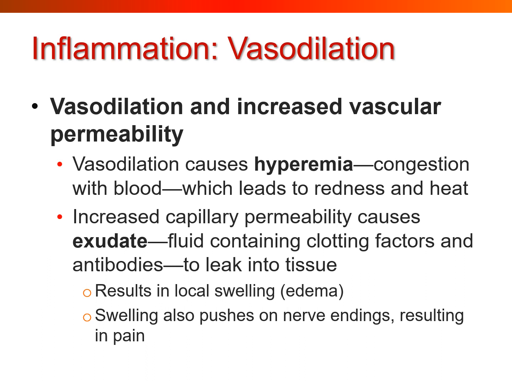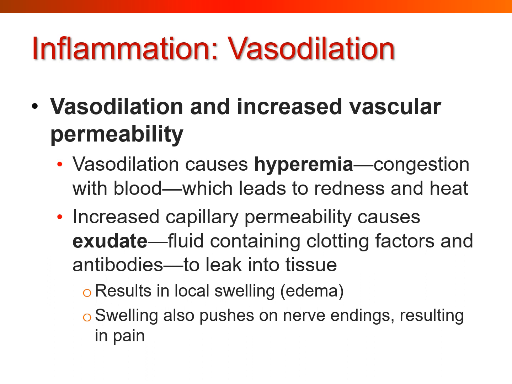And when blood shows up, it's going to bring with it its red color, so it's going to turn the area red. It also is going to bring with it its heat, which is going to turn the area hot to the touch. So when you look at an injury site that is red and hot, then you're looking at that vasodilation and vascular permeability actually happening.